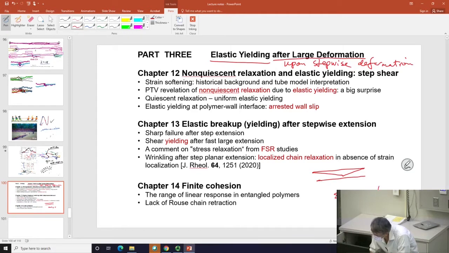Startup shear and startup extension. We just went through the idea that startup extension does not produce a flow state, right? Steady flow. Its sample breaks apart. And in the shear case, you might have shear banding.